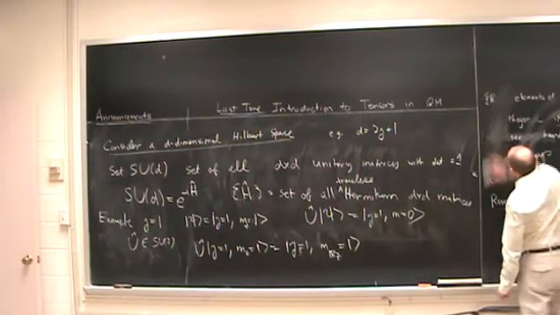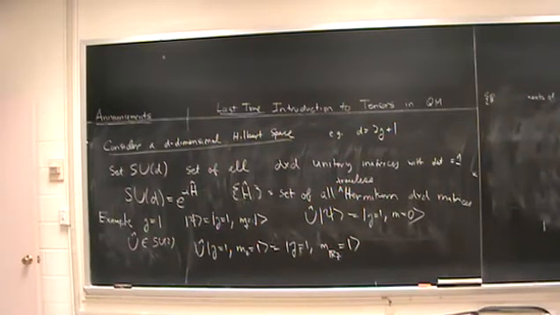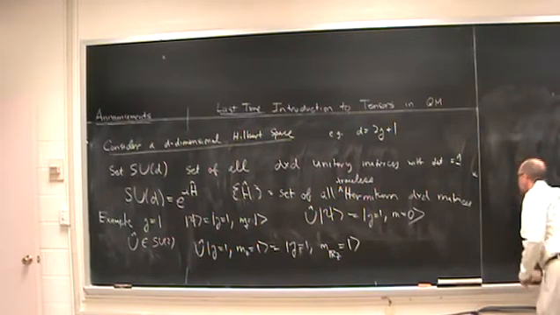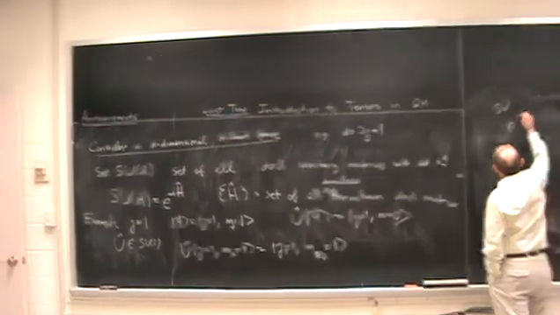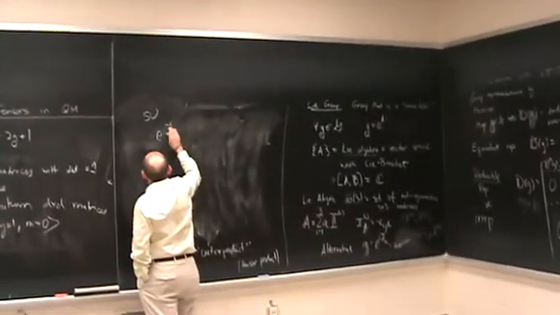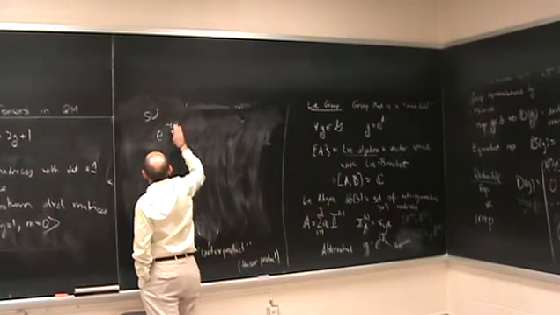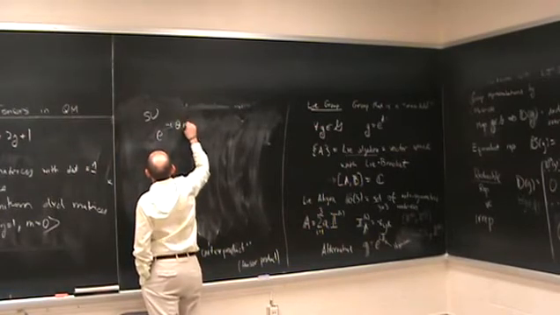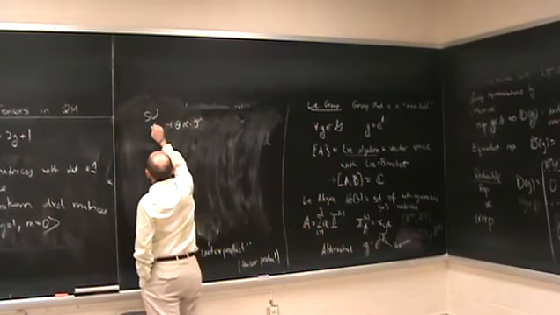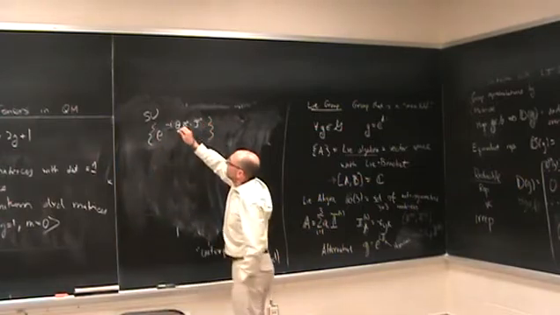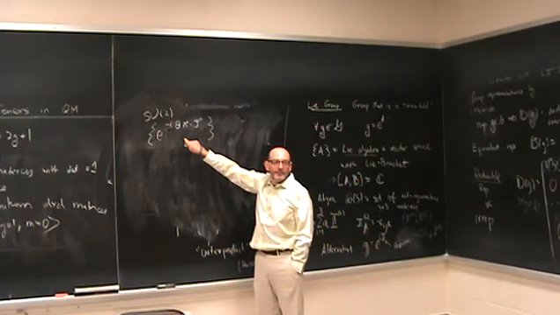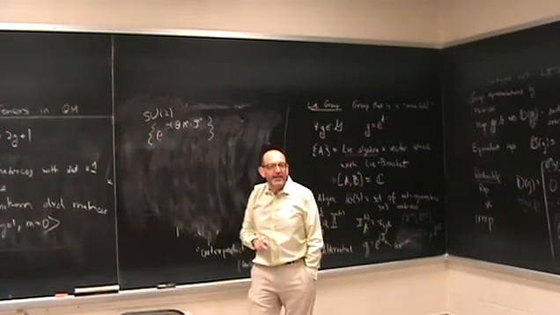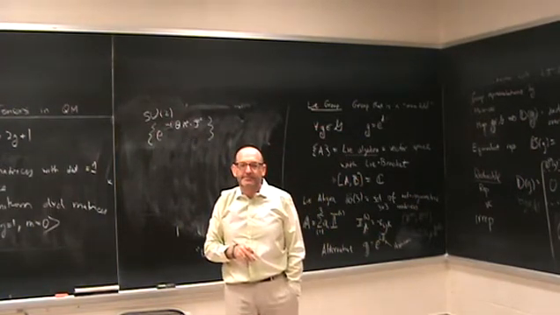So what this is to say is that SU2 is the set of these guys. But this is not the set of all unitary matrices, except for one case: spin 1/2.